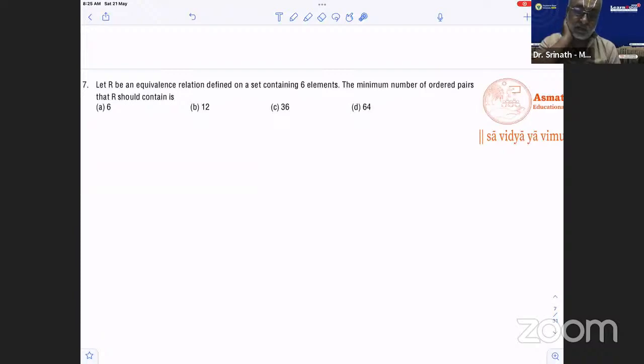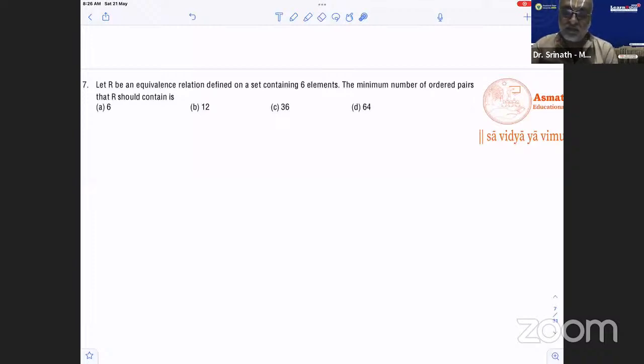R is an equivalence relation defined on the set containing 6 elements. The number of ordered pairs that R should contain is. Just now I introduced that small concept, that you have to write the identity relation.